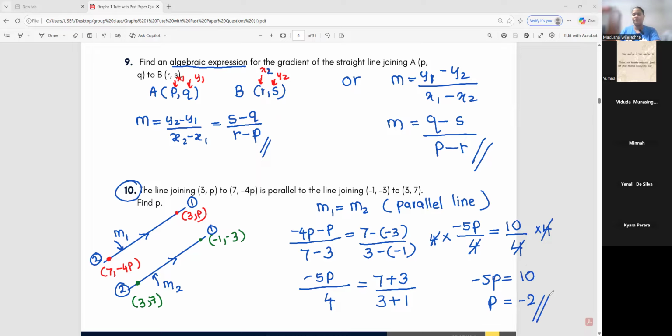This is the value of the y coordinate. First y coordinate is P, that is minus 2. Second y coordinate is minus 4P. So minus 4 times minus 2, that is plus 8.